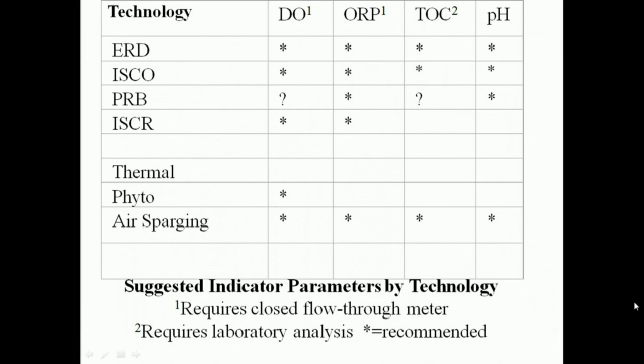The pH you can do pretty much in the atmosphere as long as you do it quickly. Total organic carbon really has to be done in the laboratory, but it does tell you if you are meeting some of your objectives. With ERD, you're trying to increase the total organic carbon. With ISCO, you're trying to eliminate total organic carbon. It will dissolve it if it gets there, if it contacts it. So that's for your use.